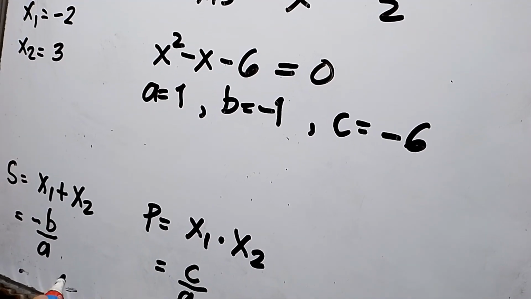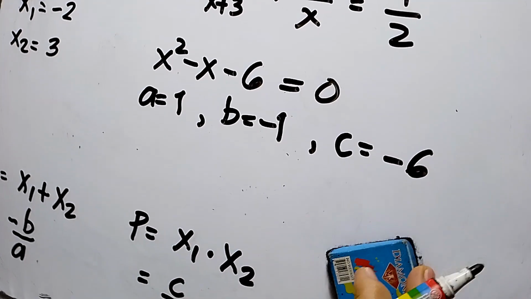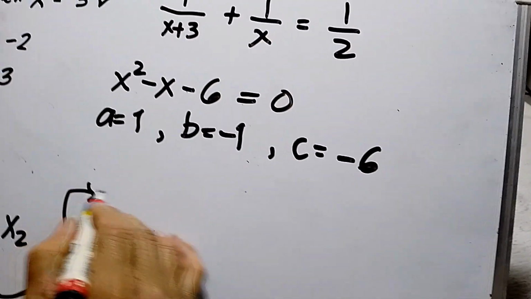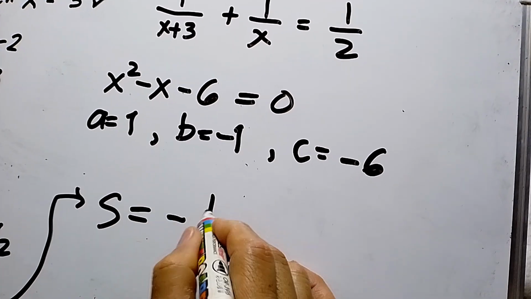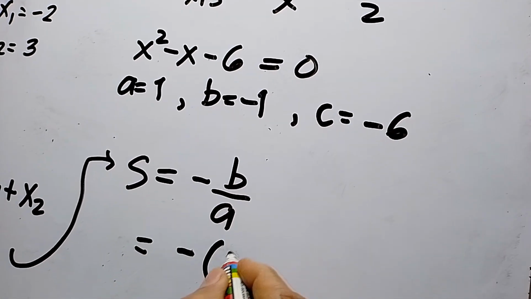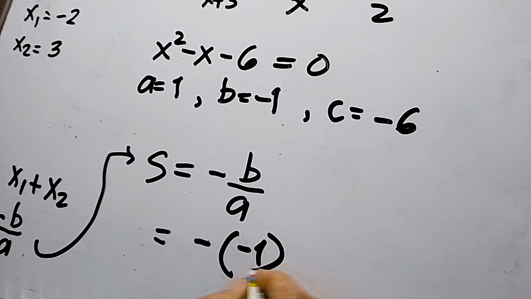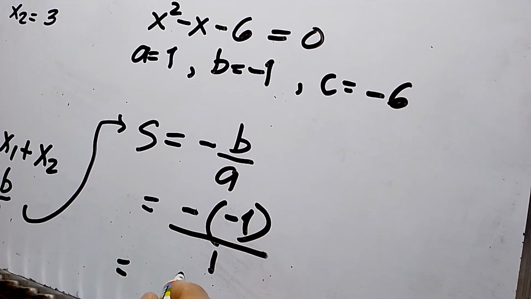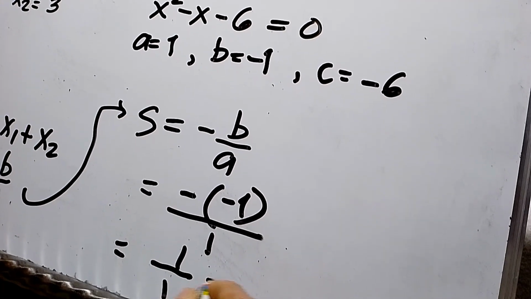So using this formula, sum is equal to negative b over a. So what is our b? This will be negative, negative 1 over a. a is 1. So what is negative negative? Positive 1. So this will be 1 over 1, and this will be equal to 1.